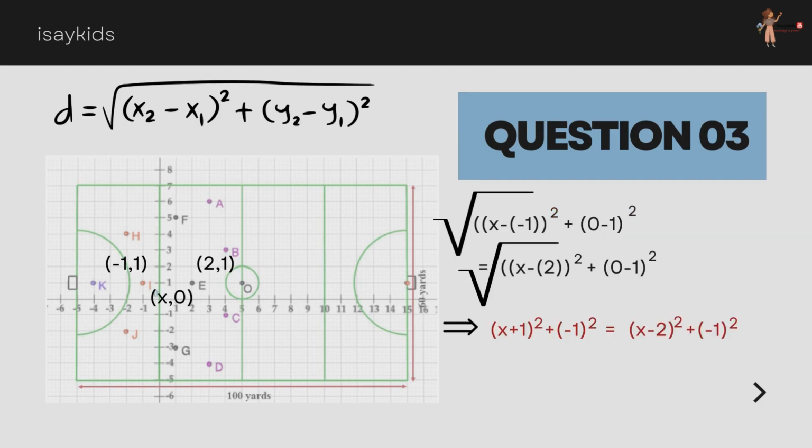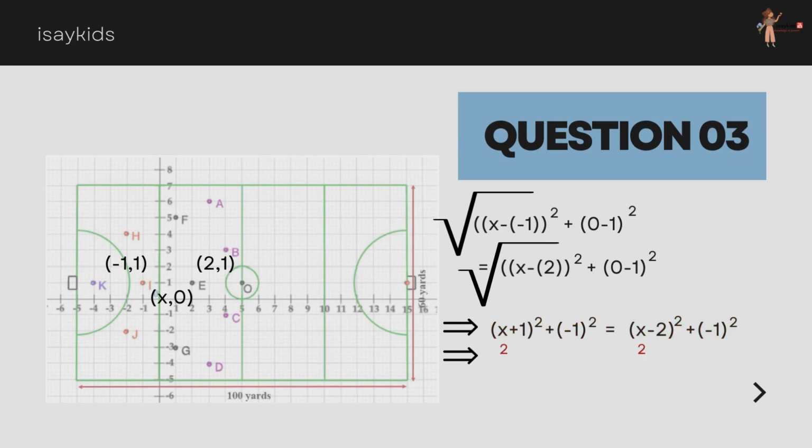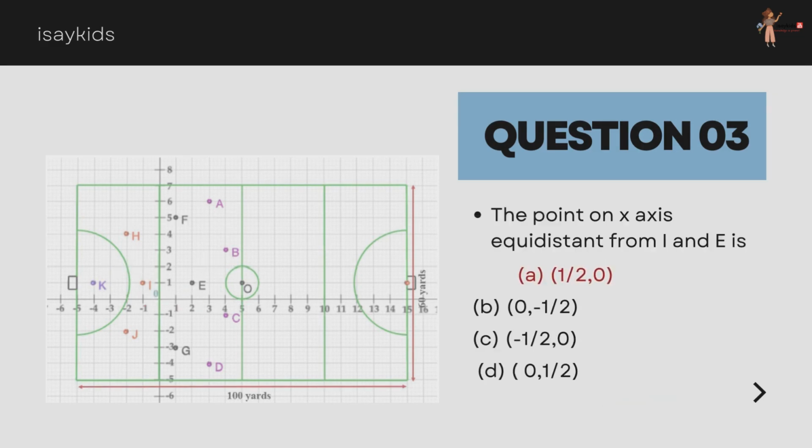That means if we square both the sides, x plus 1 whole square plus minus 1 whole square would be equal to x minus 2 whole square plus minus 1 whole square, which gives us this, from which we find out that 6x is equal to 3, which essentially means x is 1 by 2. Thus the coordinates are 1 by 2 and 0, which is option A.